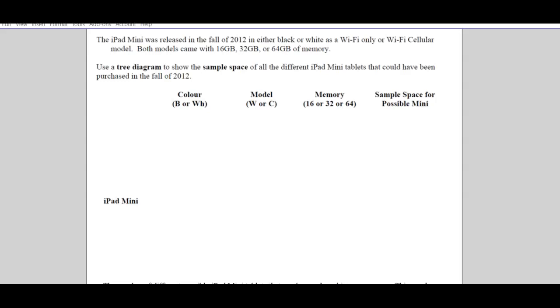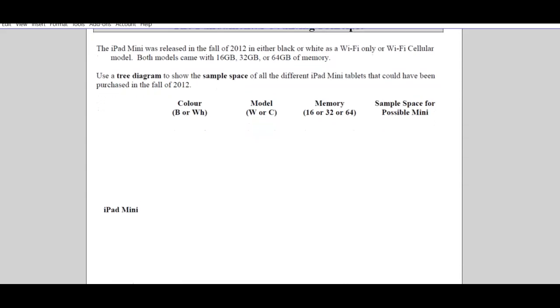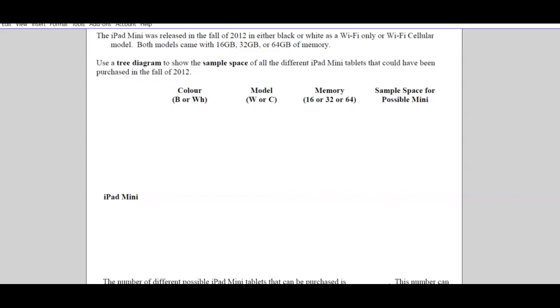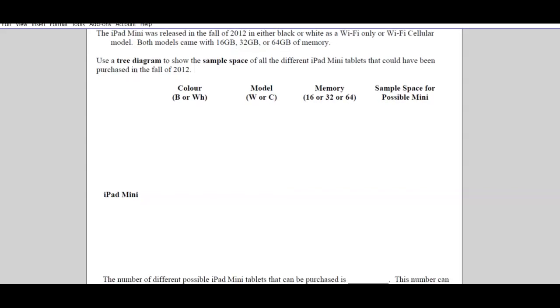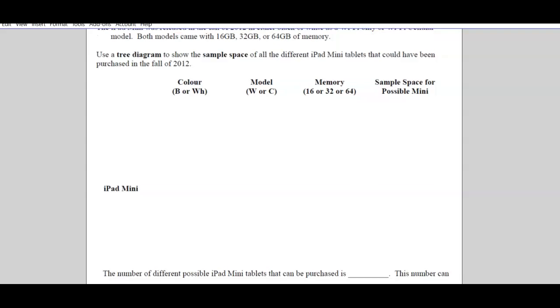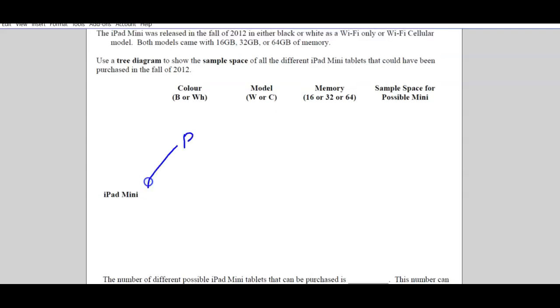Okay, so we are looking at the fundamental counting principle, starting with the basic tree diagram to show this sample space, all the different iPad minis in this case. For an iPad mini, we have a choice here of black or white.